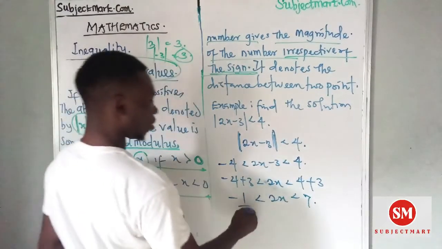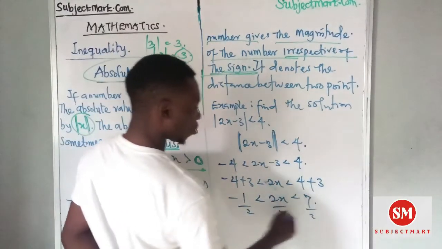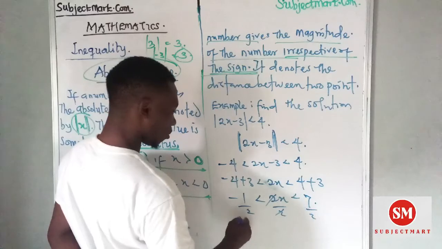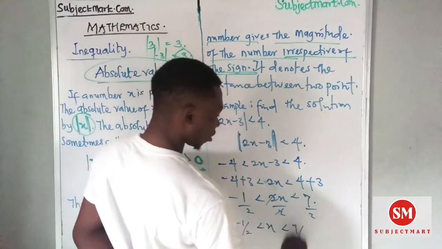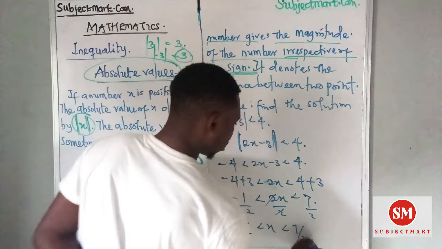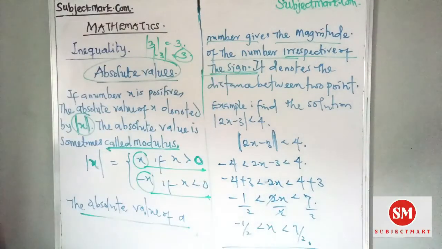So you divide all sides by 2. This is now minus 1 over 2 is less than x, which is less than 7 over 2. So this here is the solution set to that particular question, which says the absolute value of 2x minus 3 is less than 4.